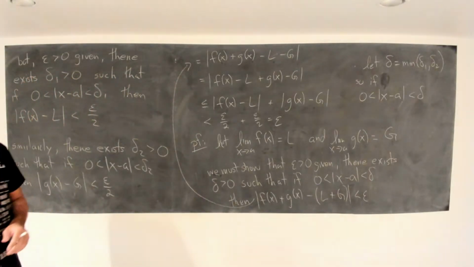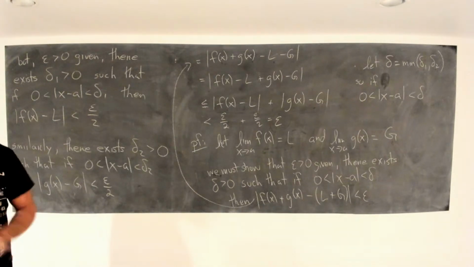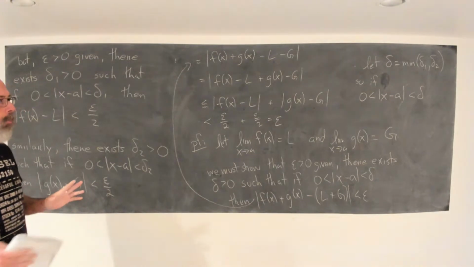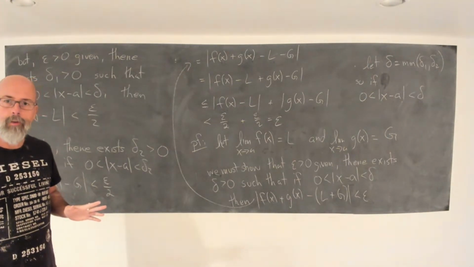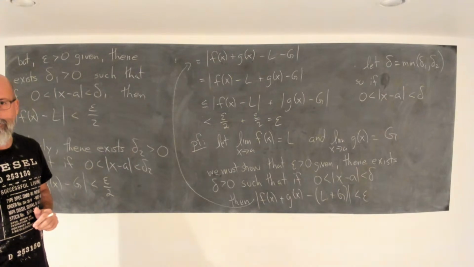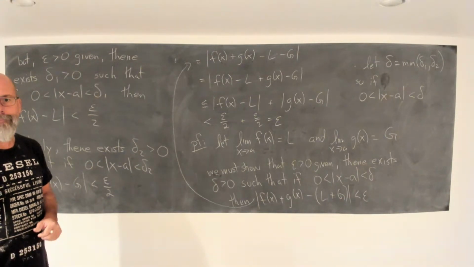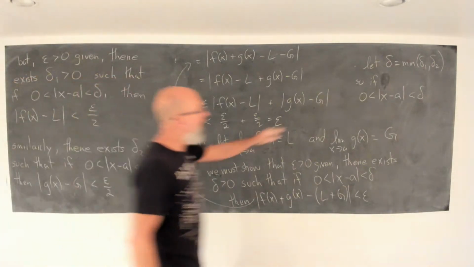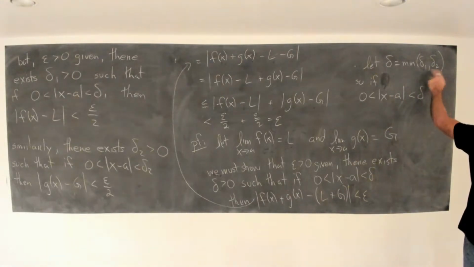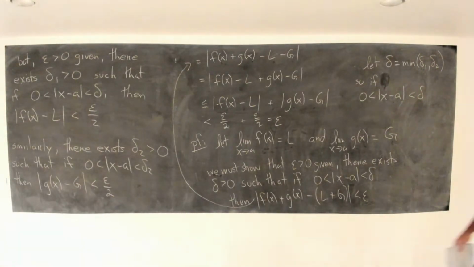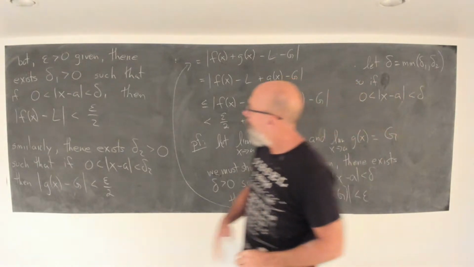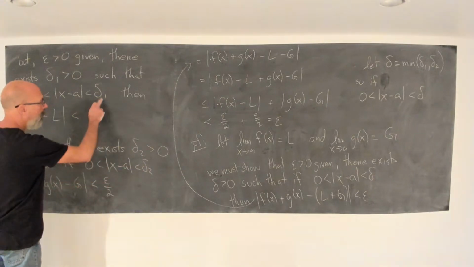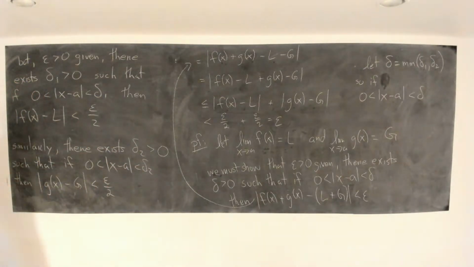Is epsilon a constant based on the number of functions? Not epsilon, but delta. You have no control over epsilon. You have control over delta, though. What is the value of delta in this case? Delta is going to be the minimum of delta 1 and delta 2, the smallest of the two deltas, which give us this and this respectively.